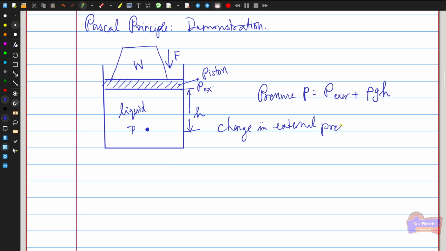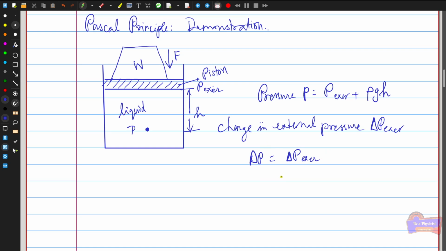Let us take this change in external pressure as delta P_ext. Even though I am adding a weight on this piston, the density and the height will not change, so that remains constant. Therefore, I can write the change in pressure delta P, which is equal to delta P_ext.